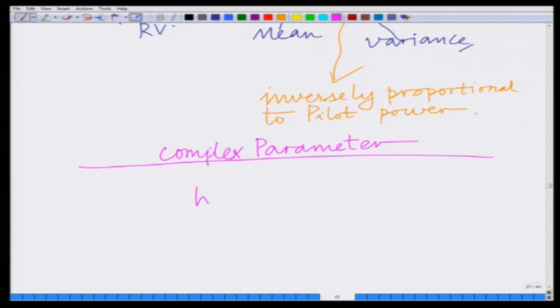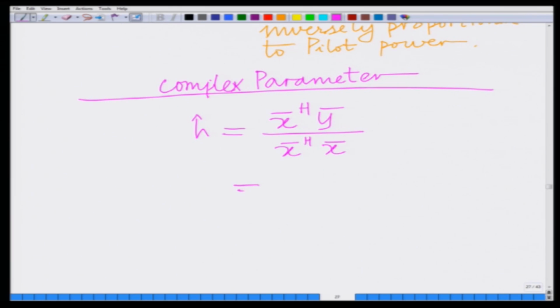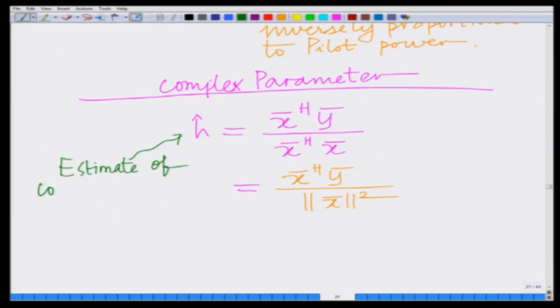We have said the estimate of the complex parameter is simply obtained by replacing the transpose by the Hermitian, that is, x bar Hermitian y bar divided by x bar Hermitian x bar, which is once again norm x bar square.